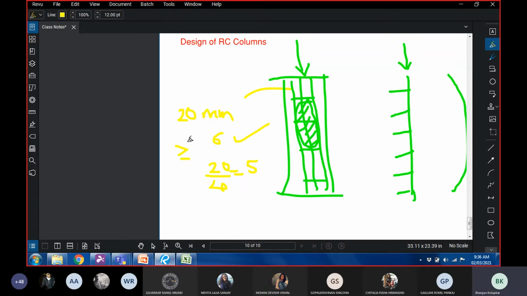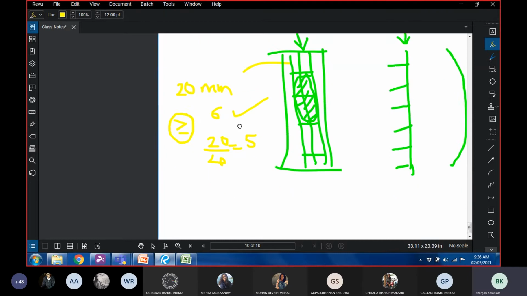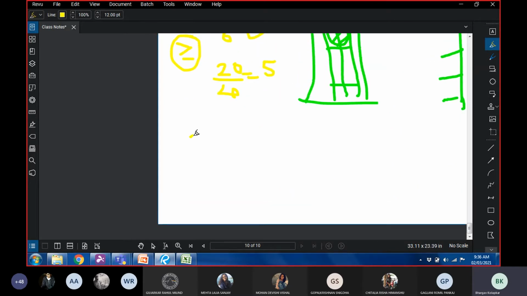So 6 governs because it has to be the greater of these. Now, if you are using, say, 32 mm diameter, then the diameter of the transverse reinforcement has to be greater than or equal to 6 mm or 32 by 4, which is 8 mm. So what you'll provide is 8 mm.